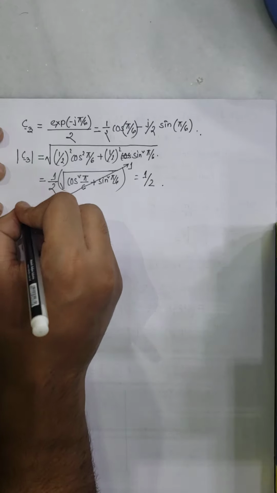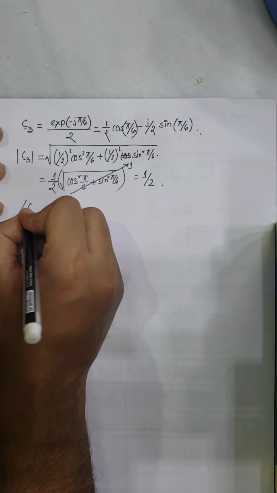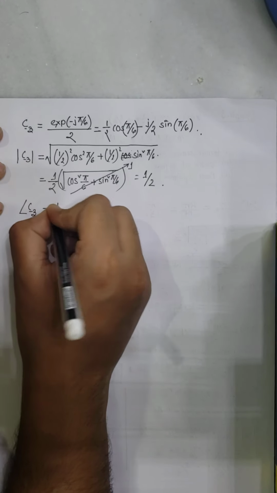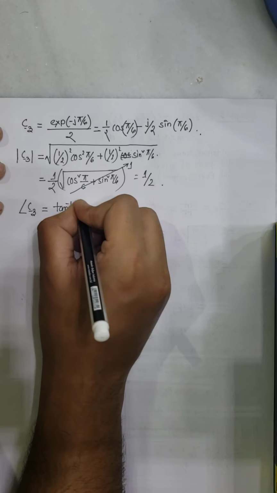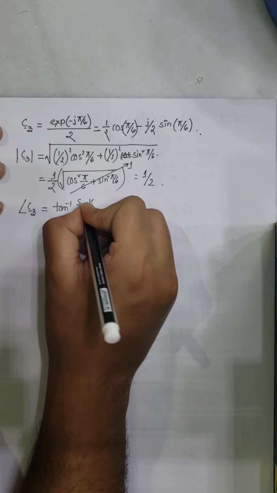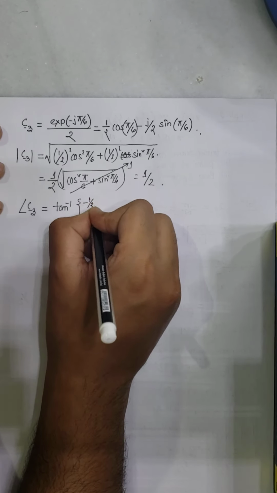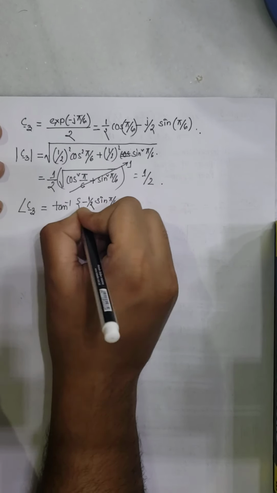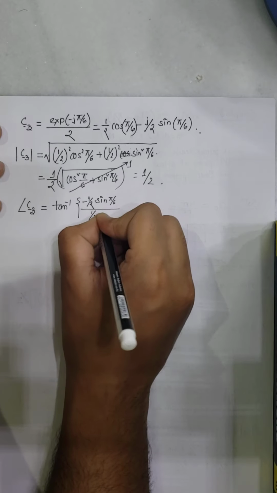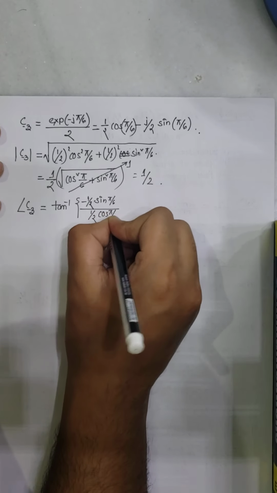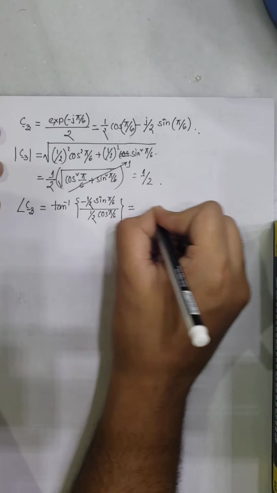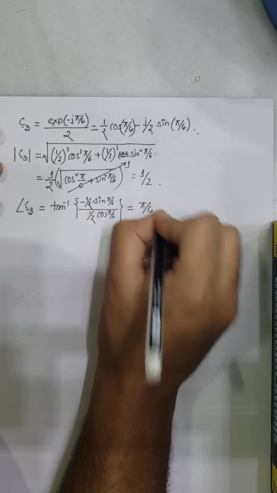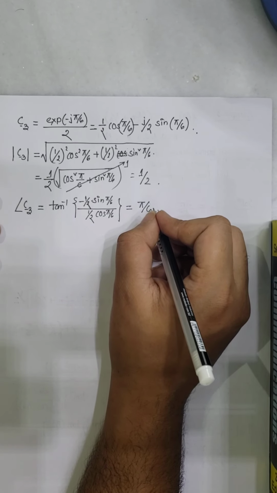And the angle, the argument, will be tan inverse of negative half sine pi by 6 over half cosine pi by 6, which is equal to negative pi by 6.